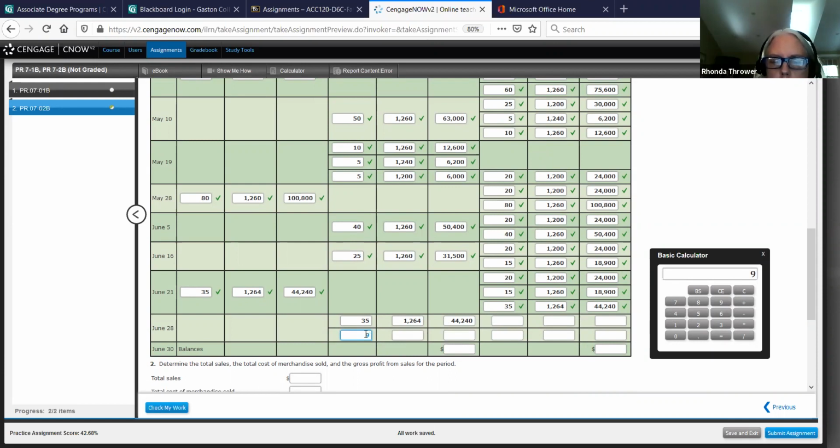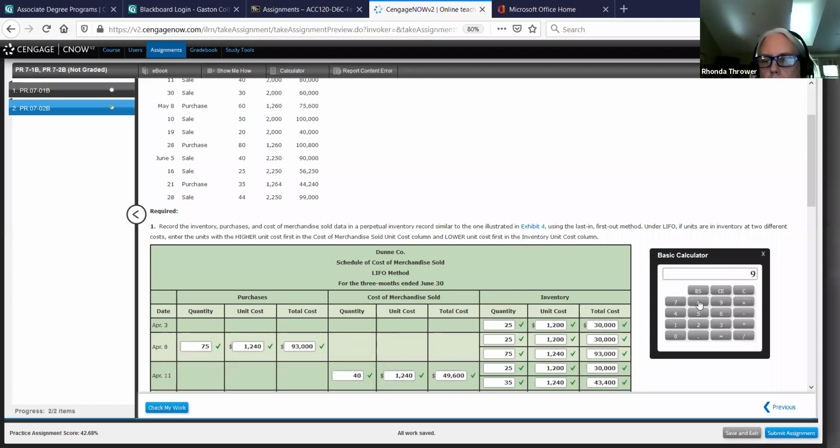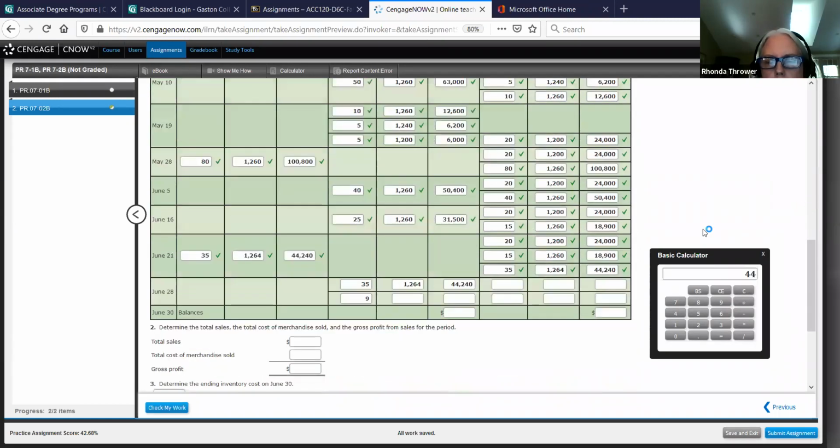And that's going to leave us with 9 units that we've sold. Let me check my work on that again. We sold 44 units, and we've accounted for 35 units. So I'm going to back 35 away from this, and that leaves you with 9.